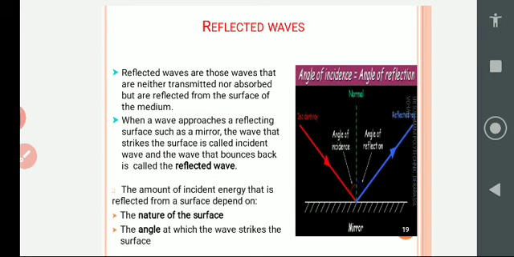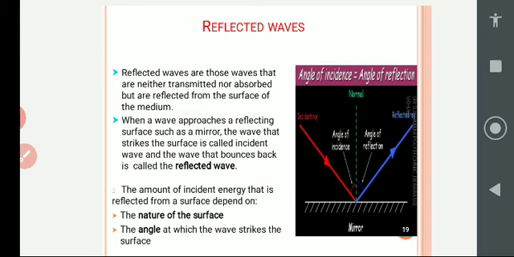The amount of incident energy that is reflected from the surface, that is how much will be coming out after it strikes the interface, depends on, number one, the nature of the surface, and the angle at which the wave strikes the surface. Example, if the nature of the surface is rough, very little light will be reflected out. But if it is smooth, more light will be reflected out.